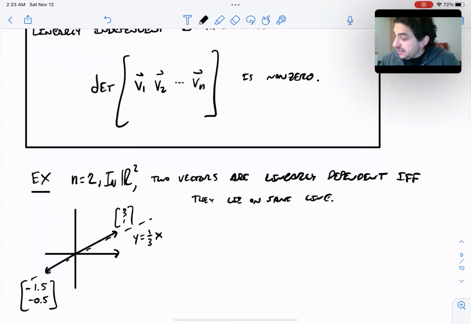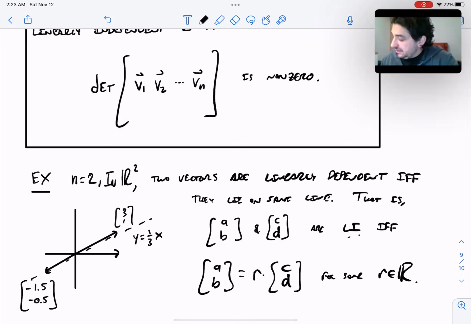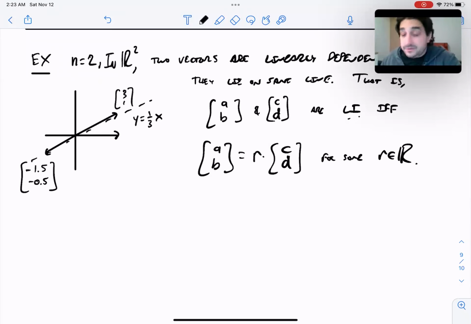Here's another way to say that. If you have vectors (A, B) and (C, D), those are linearly dependent if and only if (A, B) equals R times (C, D) for some R, meaning one is a scalar multiple of the other.